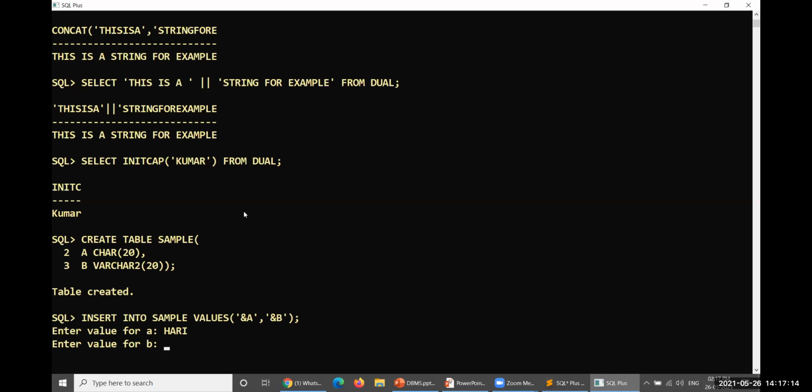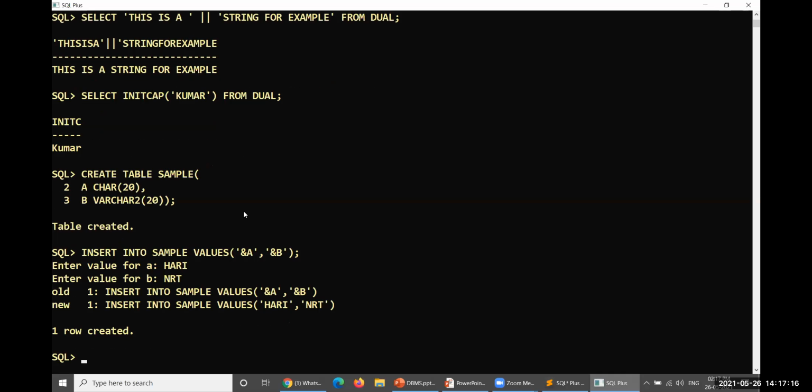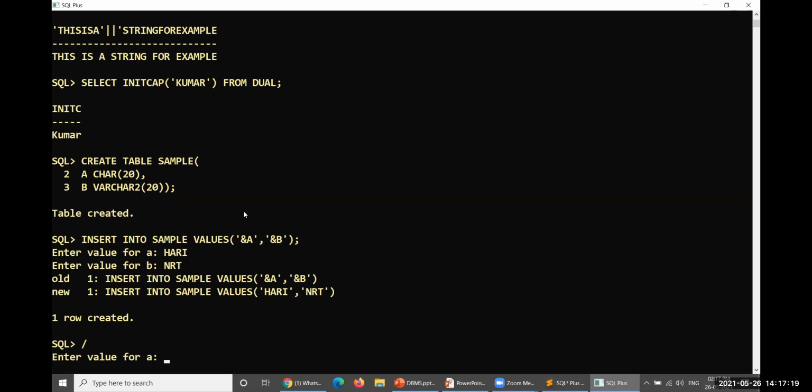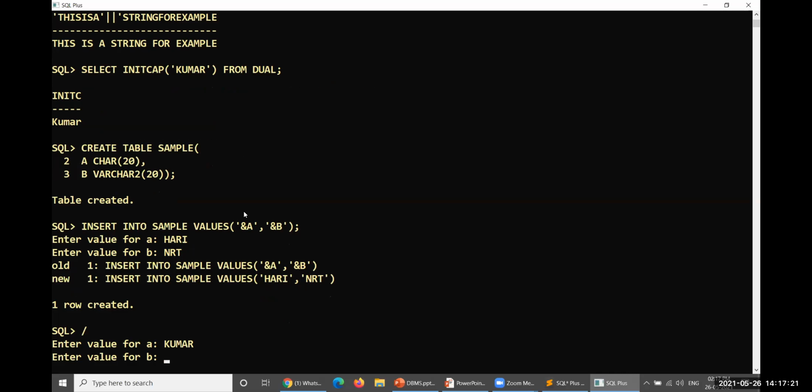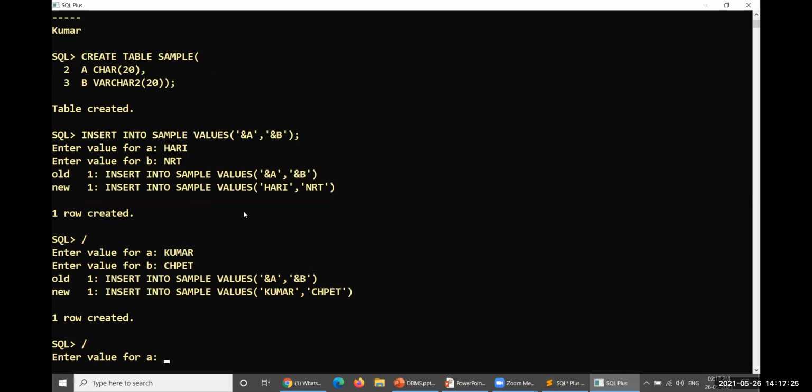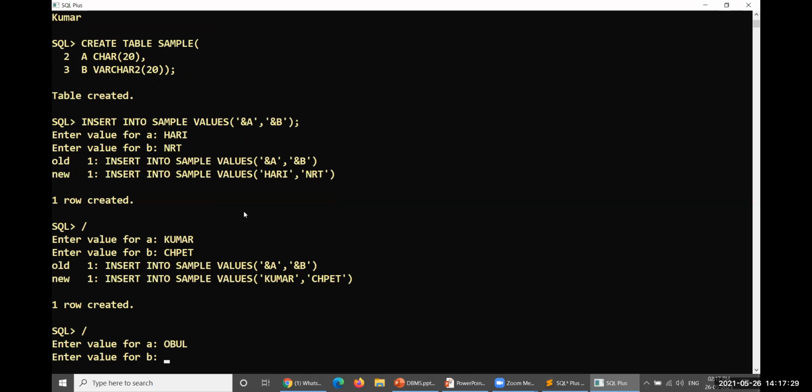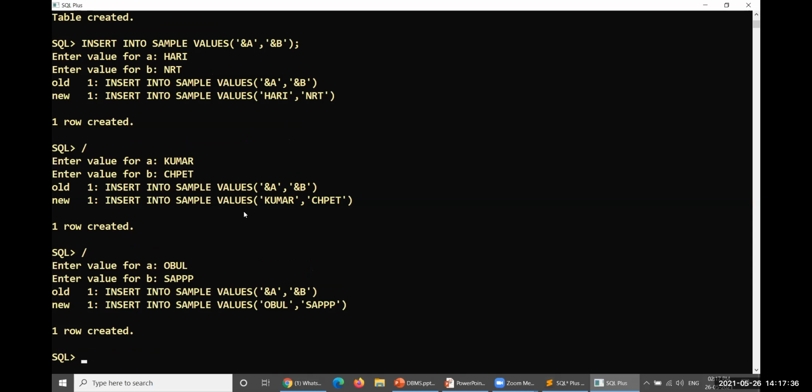Second one is Kumar, and then some other details, something like that, for taking some kind of information I have taken here.